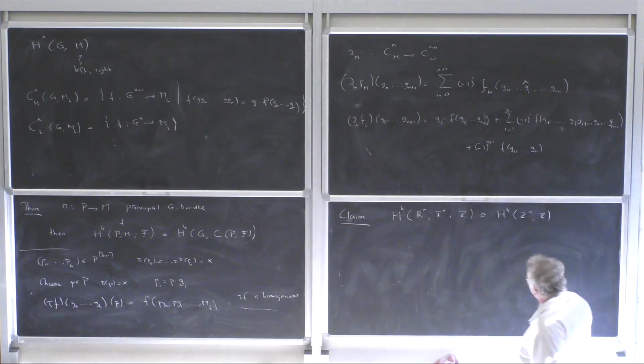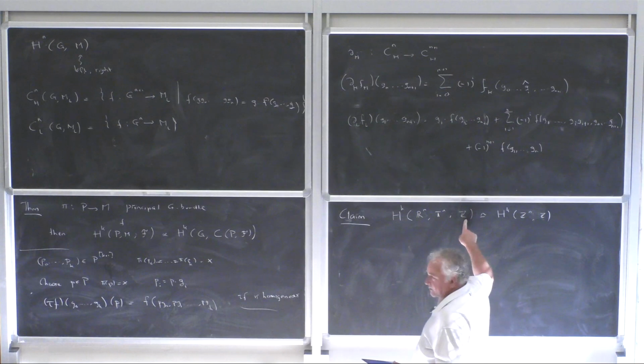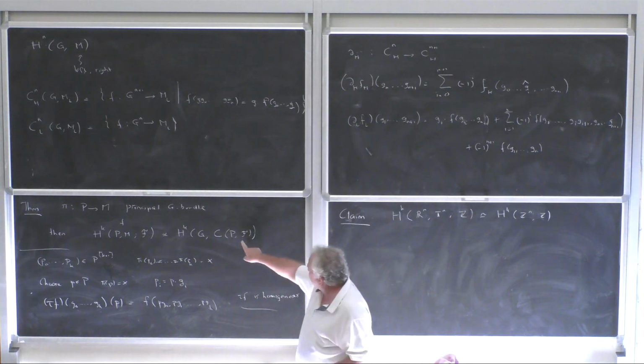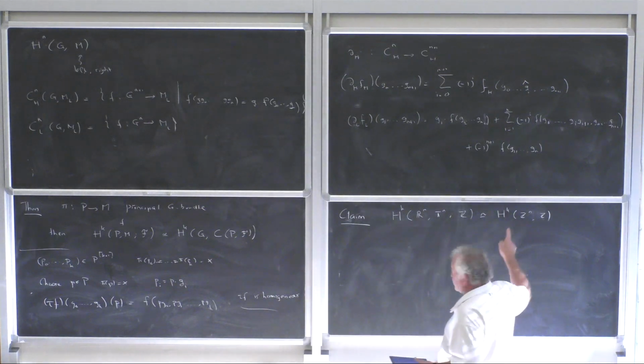That's the statement over there. If I take coefficient Z, then these need to be continuous functions into Z, so they need to be locally constant. So that's why this simplifies in that case.